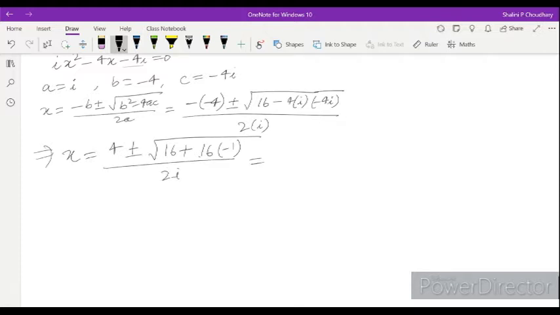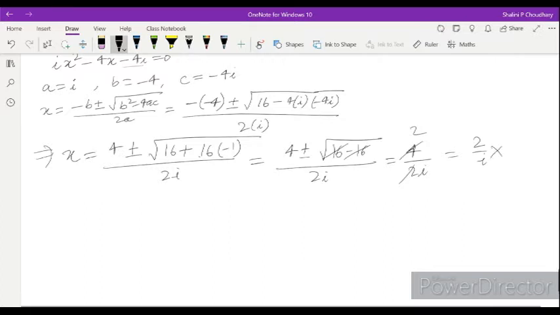So this will be 4 plus minus square root of 16 minus 16, cancel, 2i. This will be equal to 4 divided by 2i. 2 will get, so 2 upon i. So now we have to take conjugate, so minus i. So x will be equal to minus 2i divided by 1.